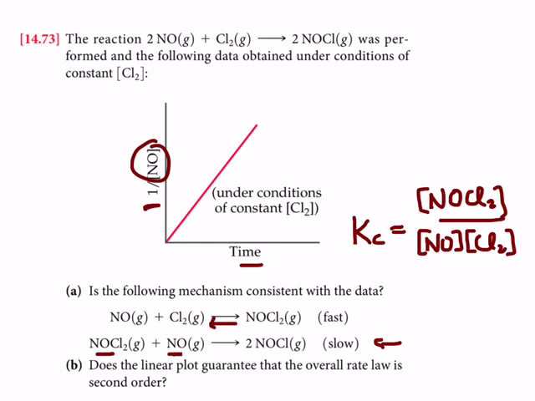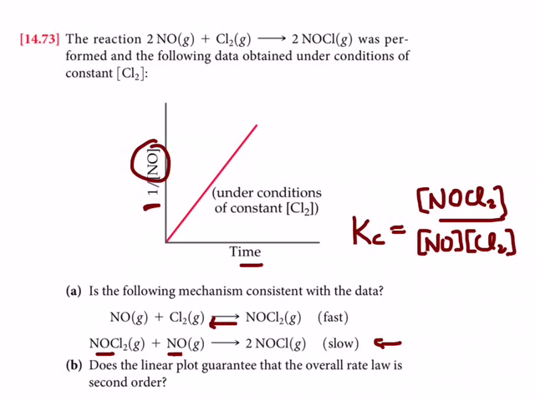So that's called the equilibrium expression for the reaction. It's the ratio of product concentrations on top multiplied by each other, and each concentration raised to the power of its coefficient in the balanced equation. And in the denominator, the product of the reactant concentrations, again, each one raised to the power of its coefficient.